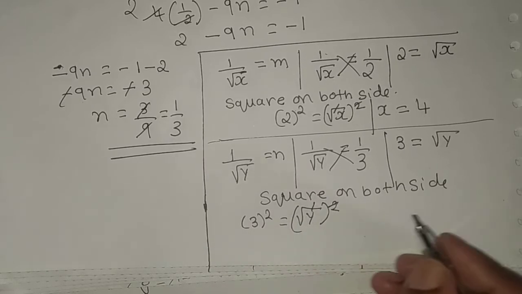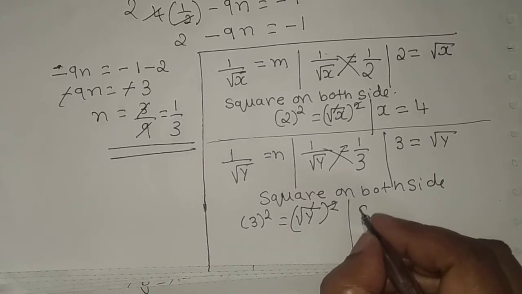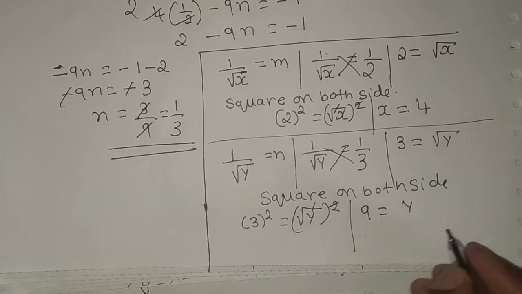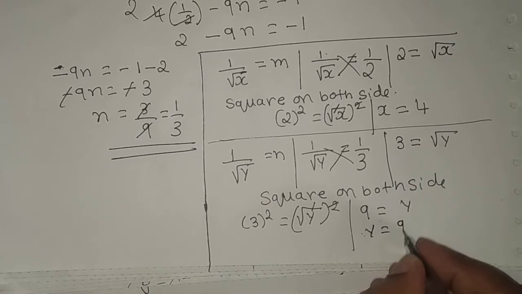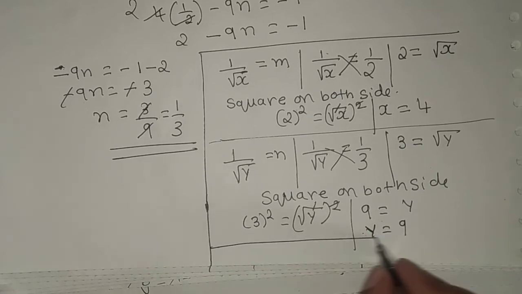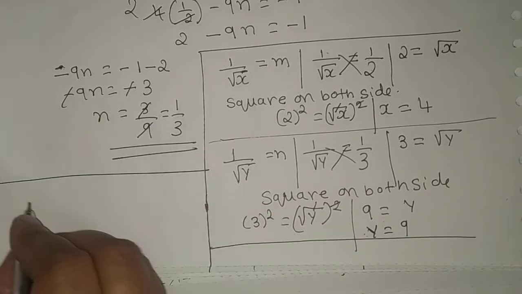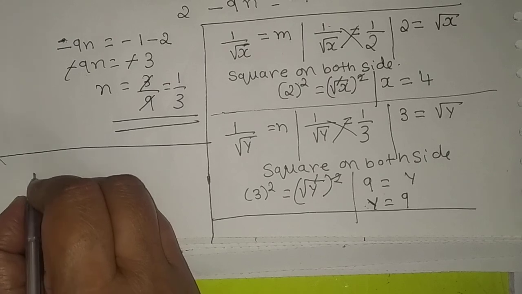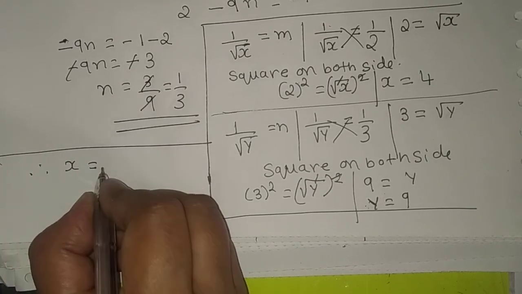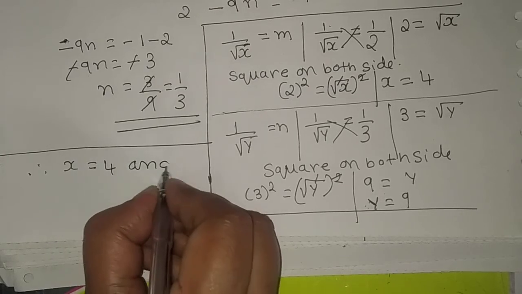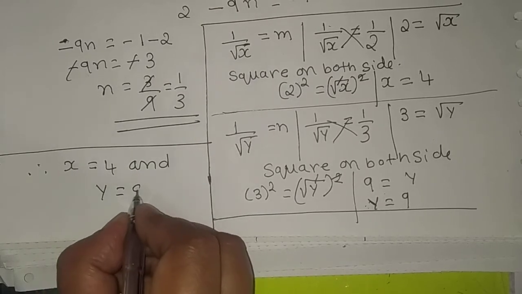Therefore the root cancels here. This is 9 is equal to y. Finally y is equal to 9. So the final solution is x is equal to 4 and y is equal to 9.